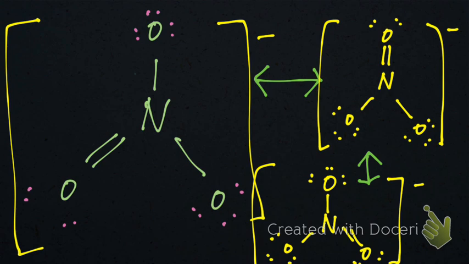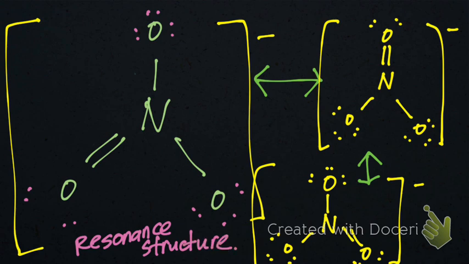These structures are known as a resonance structure. Resonance structure. Okay? In truth, all 3 of these are correct.